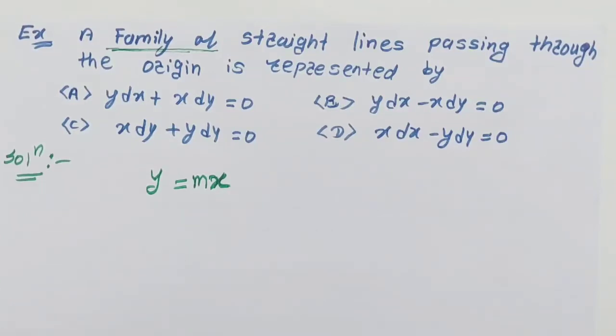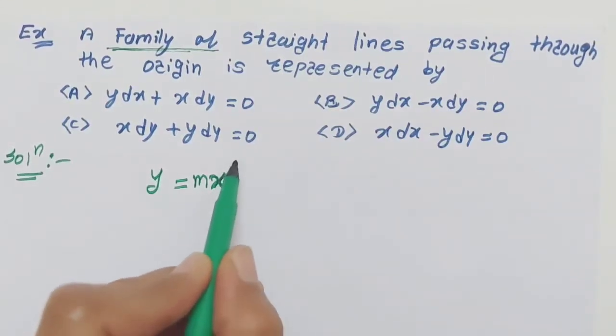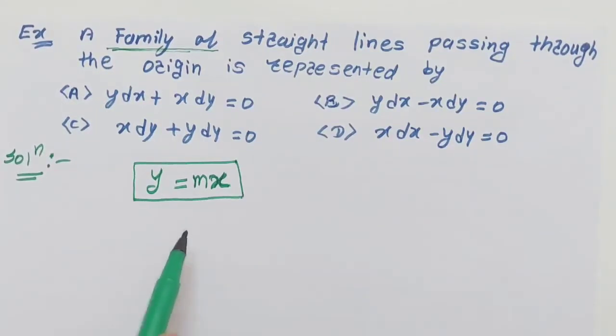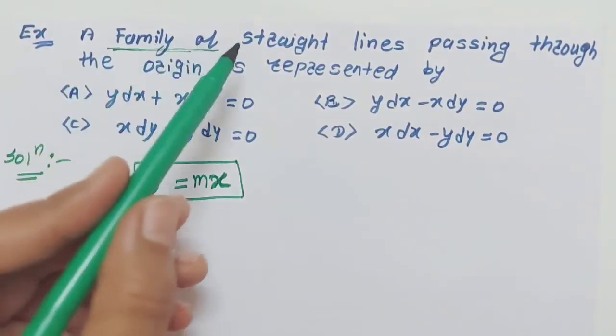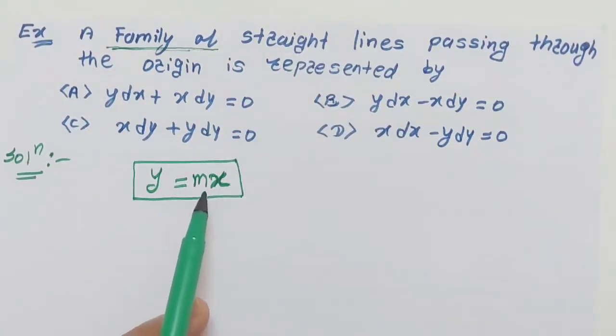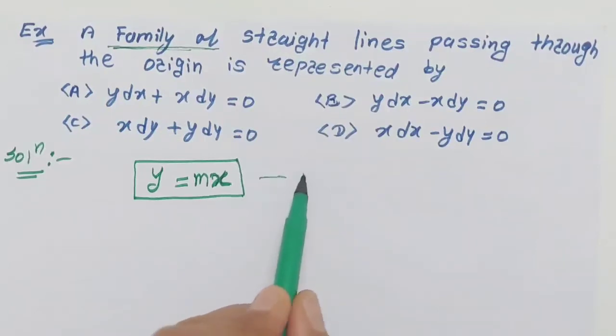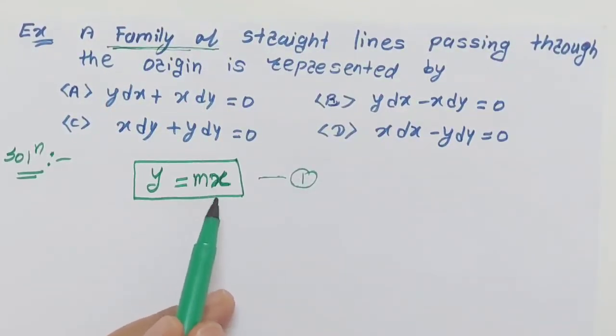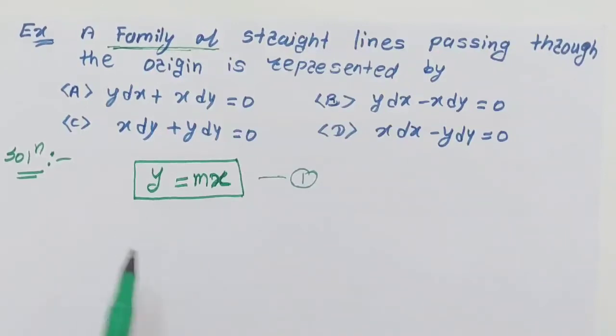That means corresponding to m, we get different equations. So it is nothing but the general form of equation of line which is passing through origin. Now in this equation, m is an arbitrary constant. So from this equation of curve, we just have to eliminate this m and formulate the differential equation.